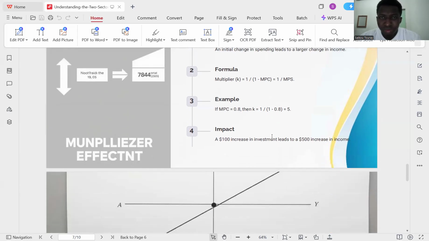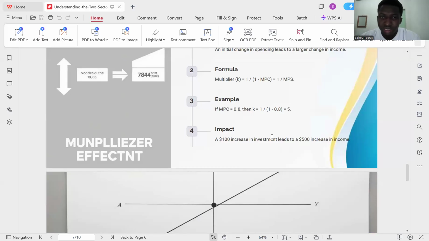For example, if MPC equals 0.8, then K equals 1 divided by (1 minus 0.8), which results in 5.